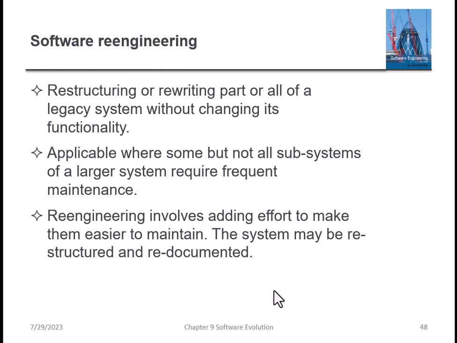So if we restructure or rewrite parts of the legacy system, the old system, such that it does not impact the overall functionality, then the reengineering process is started. And one more thing, refactoring, which will be discussed in detail in upcoming lectures, is basically to improve the code for easy management.